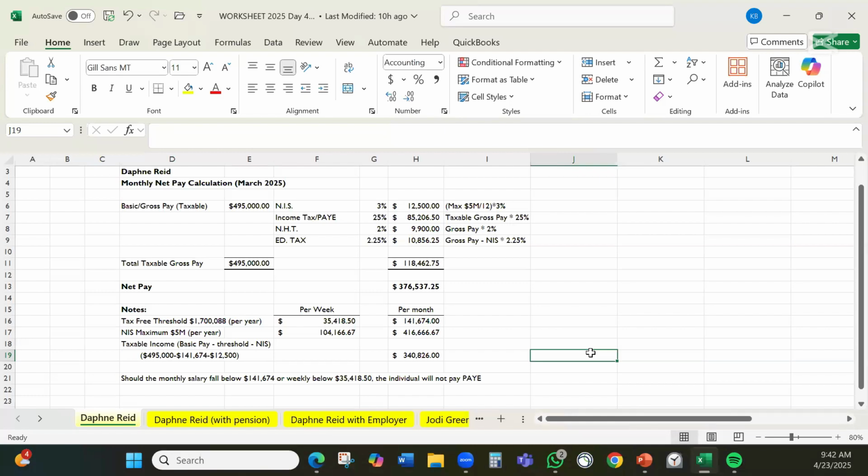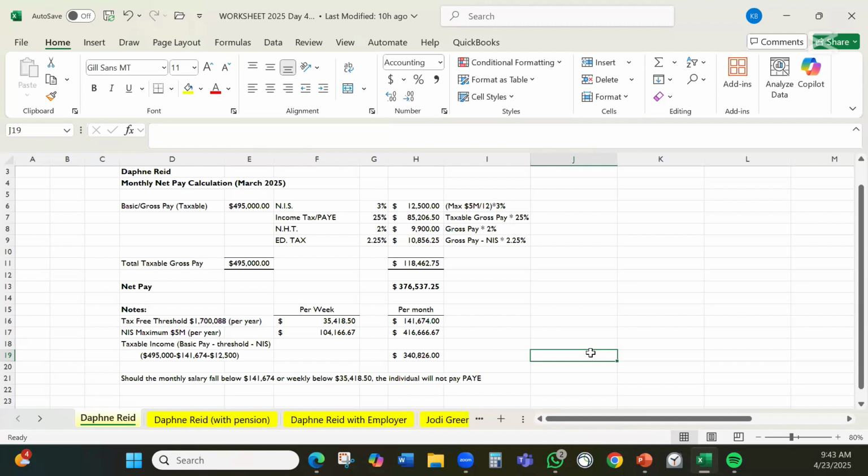Understood. So as long as you're going to pay somebody, you need to work out your pay like this, because as an employer, you are obligated to deduct taxes from the employee's pay and pay it over to the government.